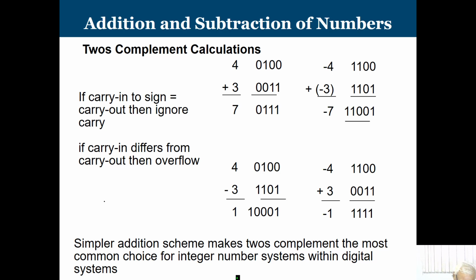So, basically if it is 4 minus 3, I can say that this is nothing but 4 plus minus 3. So, this is the 4 representation and this is the representation of minus 3 in 2's complement, because you just see that plus 3 is 0 0 1 1. So, it will be 1, this is the first one we encountered, then 0 1 1. Okay. So, 4 minus 3 is 1.